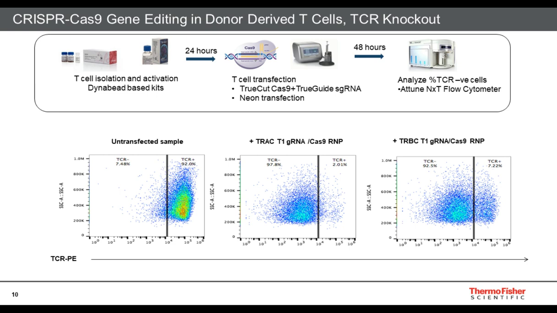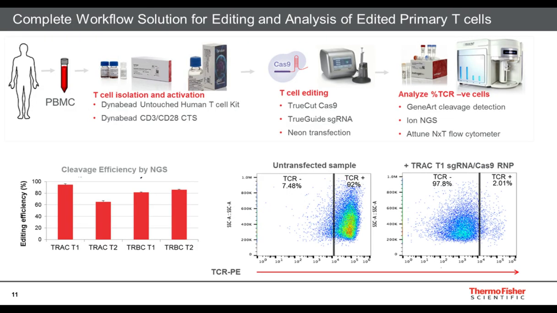And you can see the statistics right here on the plot. You can see that we have 97.8% knockdown and 92.5% knockdown, respectively, for each of these. And this is an answer that is attainable within 48 hours of your experiment and without any additional processing steps.